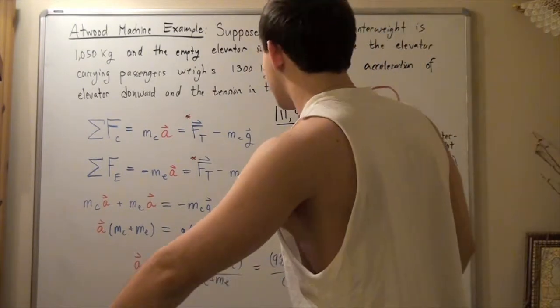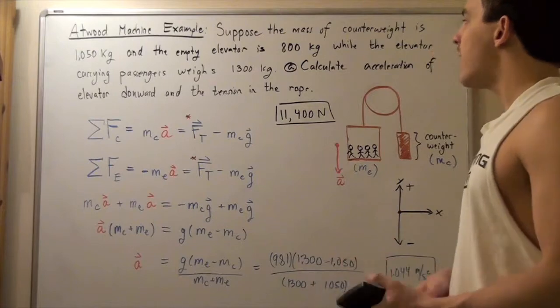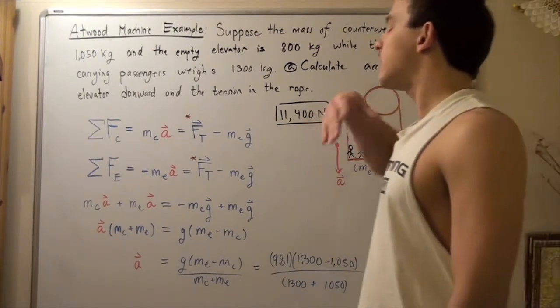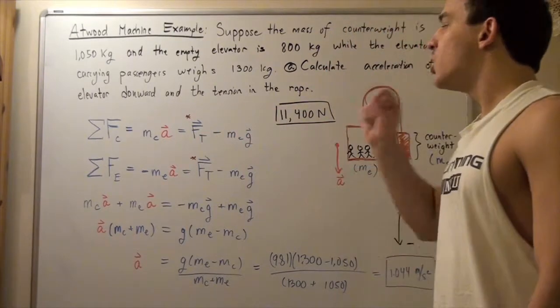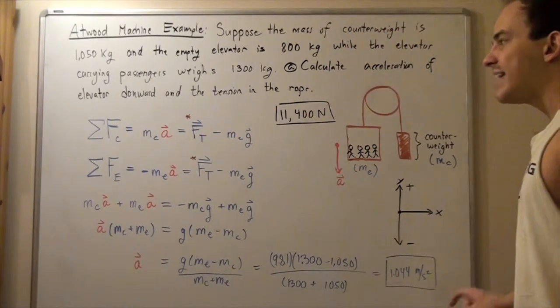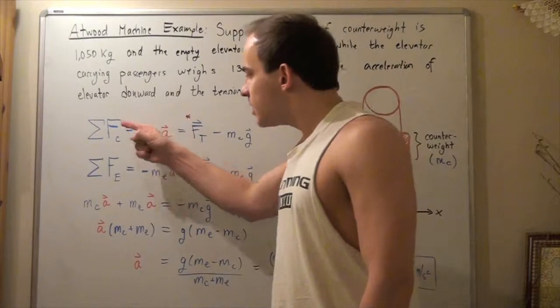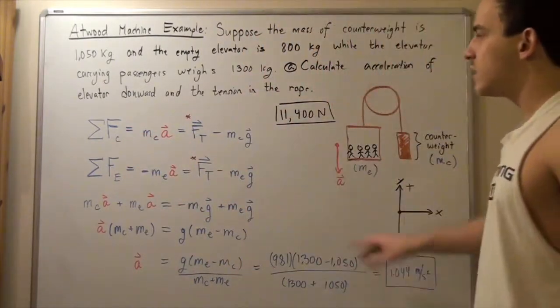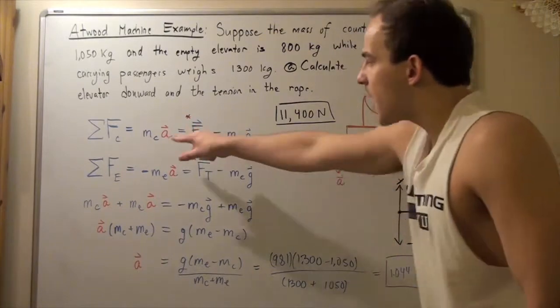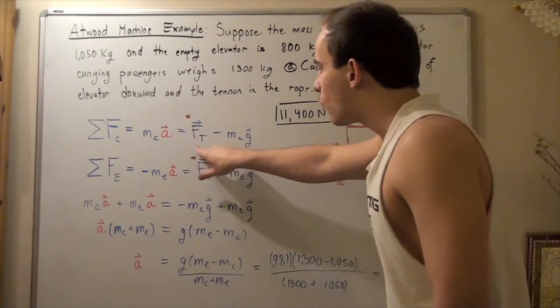Our second part of the problem is to find the tension in the rope. Notice that now I know what my a is, so I can use either of my initial equations, plug this value into the a variable, and solve for the tension force.